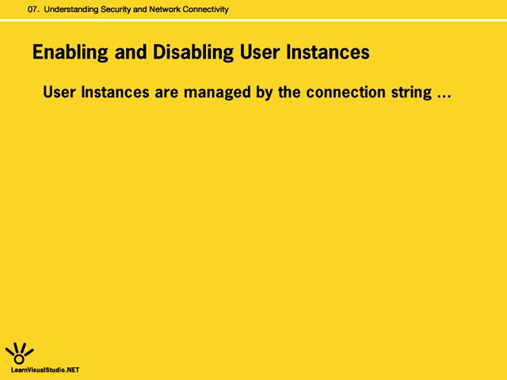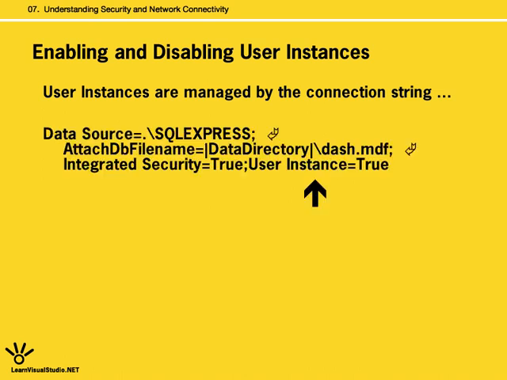The connection string is a series of name-value settings that ADO.NET uses to try and locate and handshake with the database. Among the various settings you can configure, the user instance setting determines which of the two scenarios you want to enable. If you set this equal to true, then each user will get their own private copy of the database.